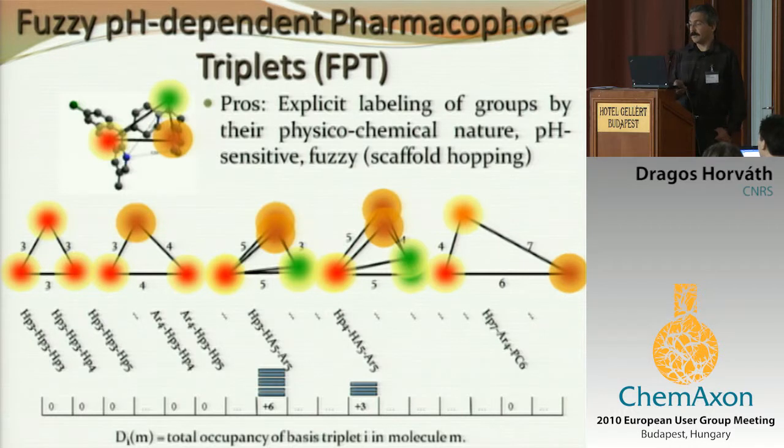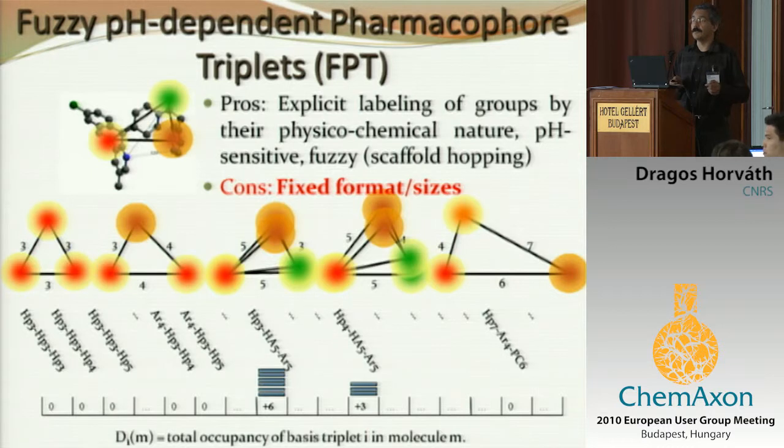They're nice because they really account for the physico-chemical nature of the functional group. They were made to be pH sensitive. This was a topic of another ChemAxon presentation a couple of years ago. And they're fuzzy, so they're well suited for scaffold hopping. The problem is that they have a fixed format. So if you count triplets, then you don't count pairs and you don't count other multiplets, whereas with the fragments, you were basically looking at the things that were in the molecule, not at a predefined set of fragments.